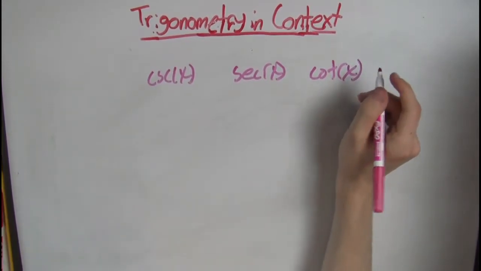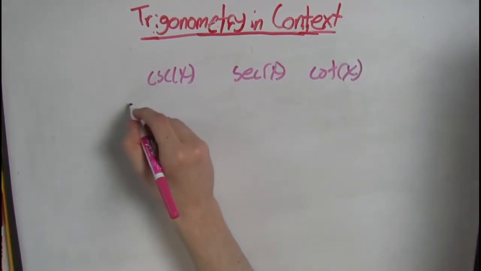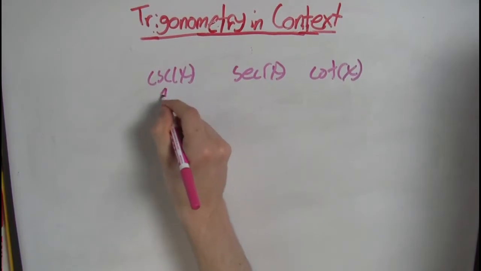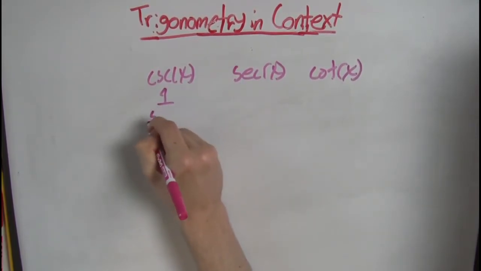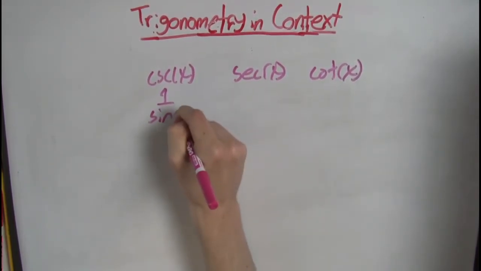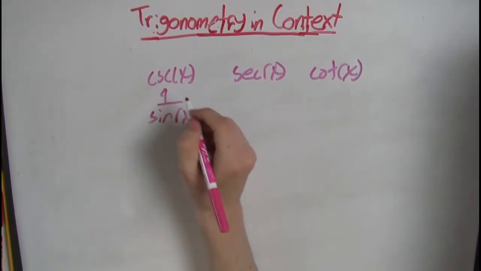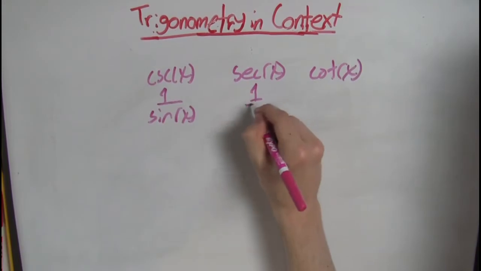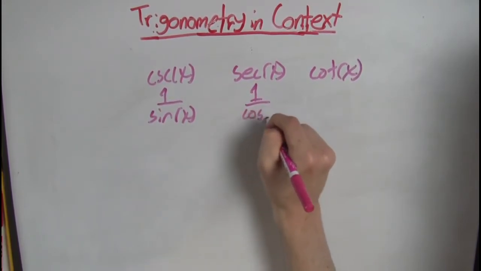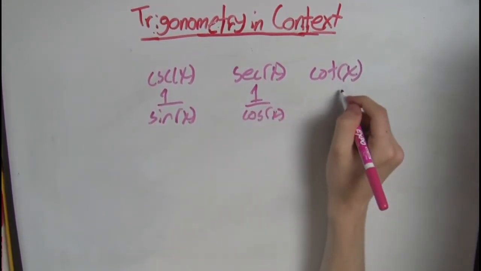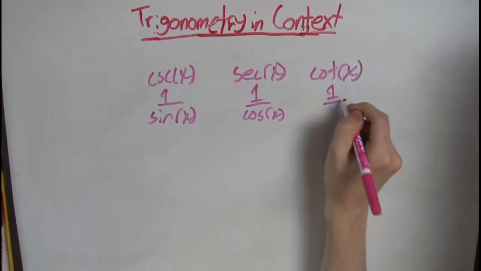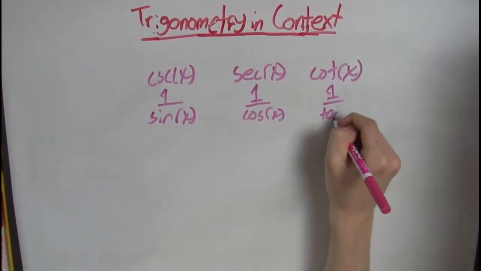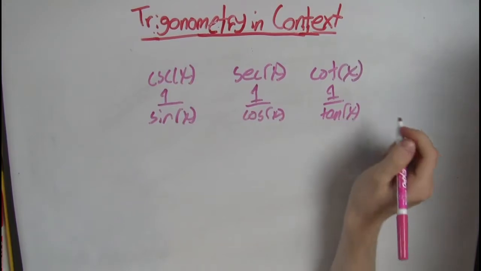Now, cosecant is the same thing as 1 over the sine of x. So the cosecant of x is 1 over the sine of x. The secant of x is 1 over the cosine of x. And the cotangent is 1 over the tangent of x, right?